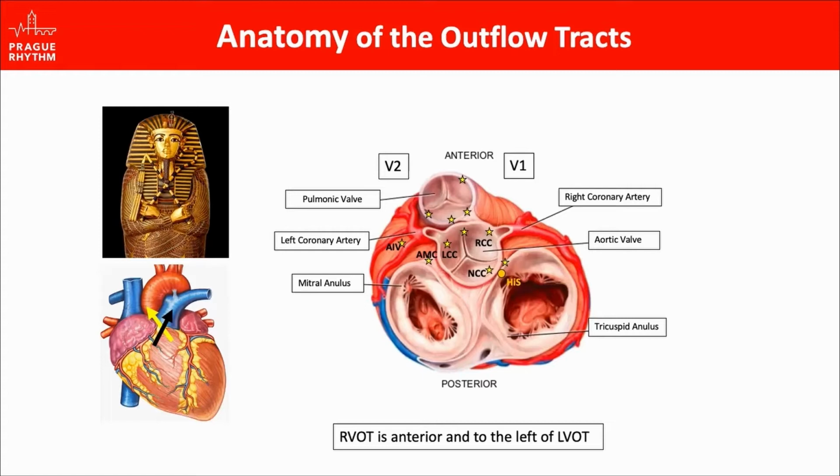The LVOT is actually the elliptical opening of the LV that is composed by the aortic root, which is more rightward and anterior, and the mitral valve, which is more posterior and leftward. Between these two valves, we can find a fibrotic curtain that is called aortomitral continuity. And the aortic root is actually the central part of the heart that consists of three cusps.